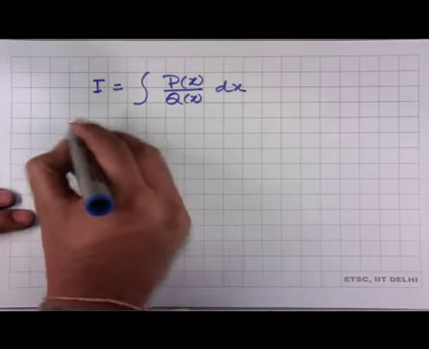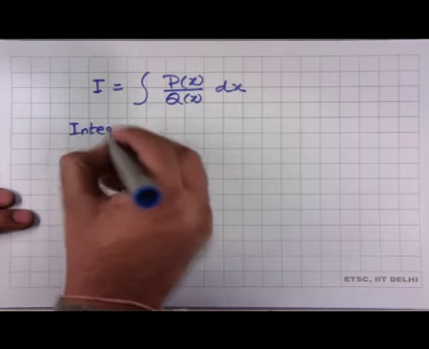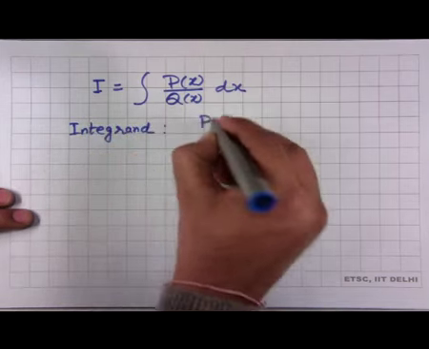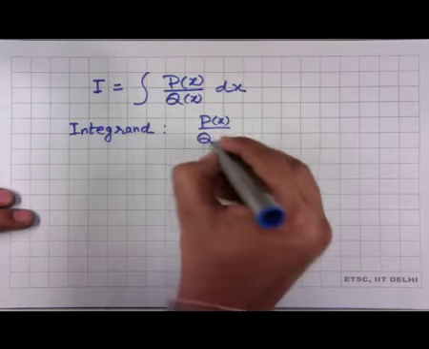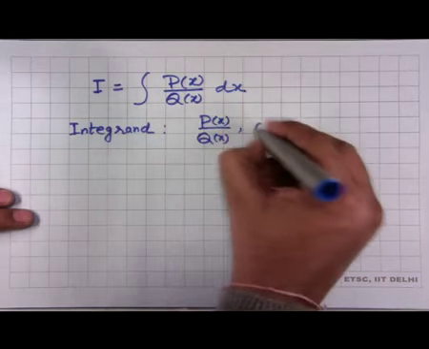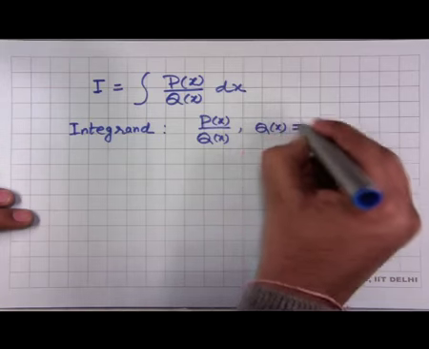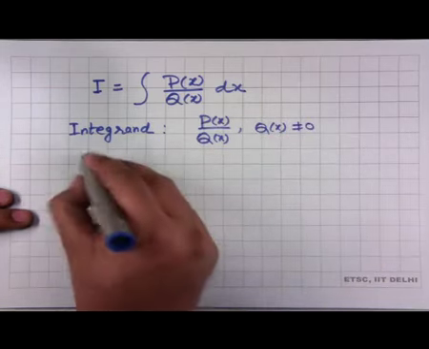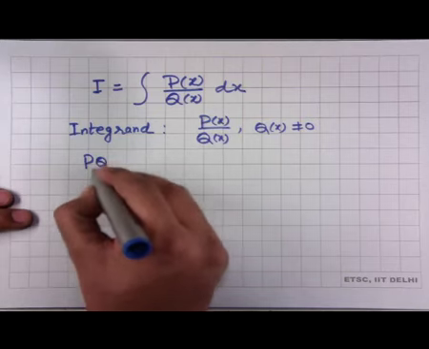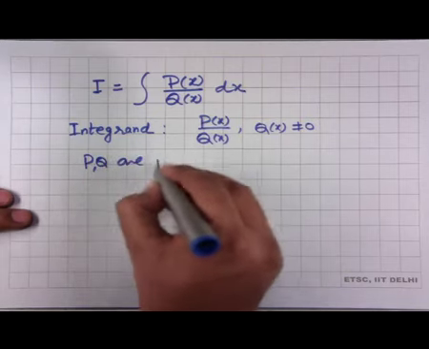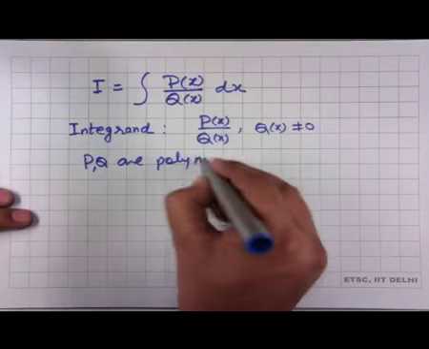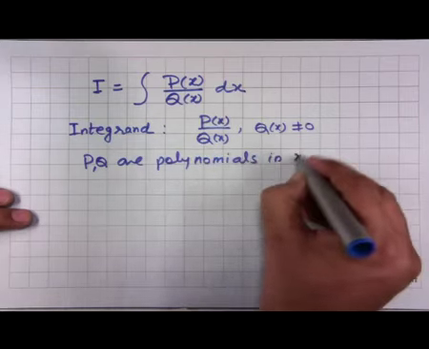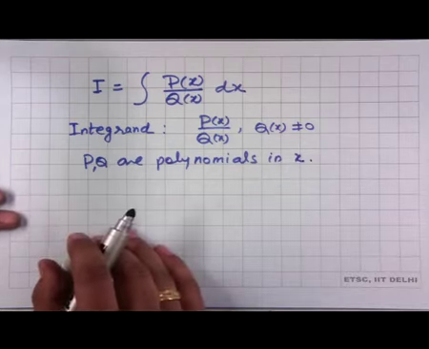So, our integrand is of the form Px by Qx such that Qx is not equal to 0, that means it is a rational function of P and Q, where P and Q are polynomials in the variable x.